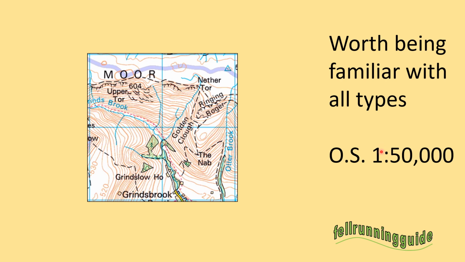And then the Ordnance Survey 1 to 50,000, we'll see this public footpath here is a red dashed line, and the known paths are these longer black dashes, and again on here the contour interval is 10 metres, so they go up in tens.